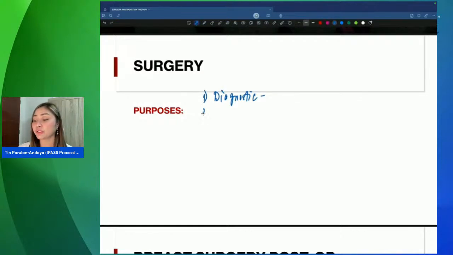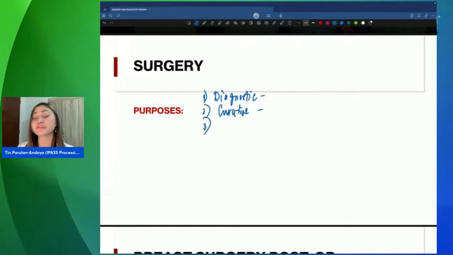Next, we have curative surgery. What is this? This is when the tumor is localized and can be completely removed, giving the patient the best chance at cure.